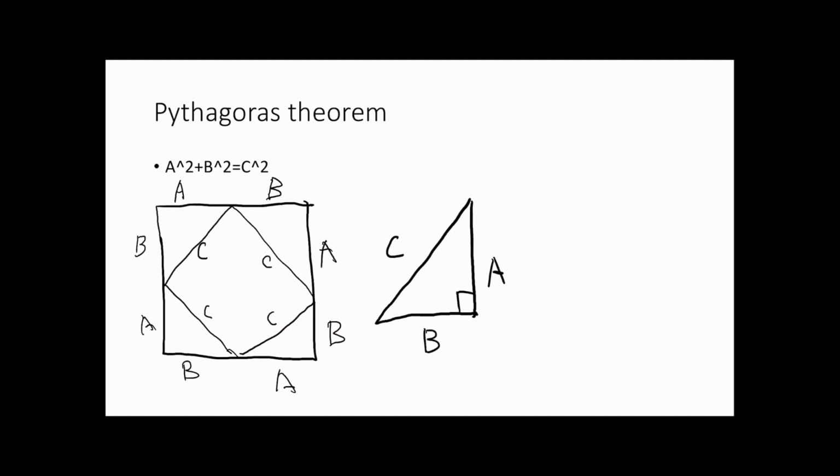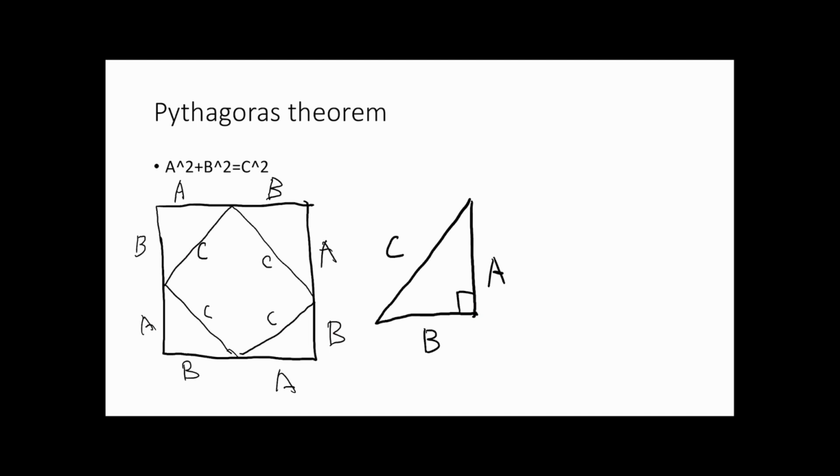Consider this situation below, where there is a square with a side length of a plus b. The area of the square would obviously be (a plus b) squared, while the area of the square inside, which has the length of c, would be c squared. You could also calculate the area of c squared in terms of a and b by subtracting the 4 triangles from (a plus b) squared.